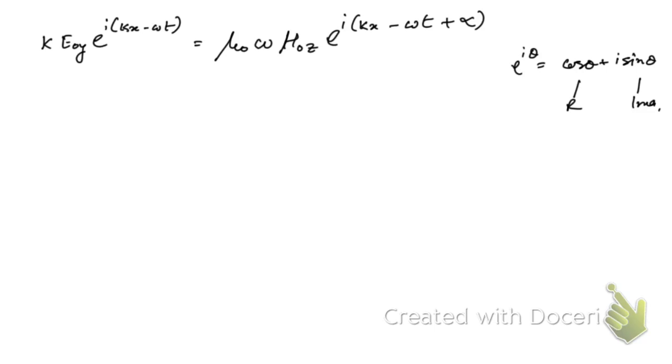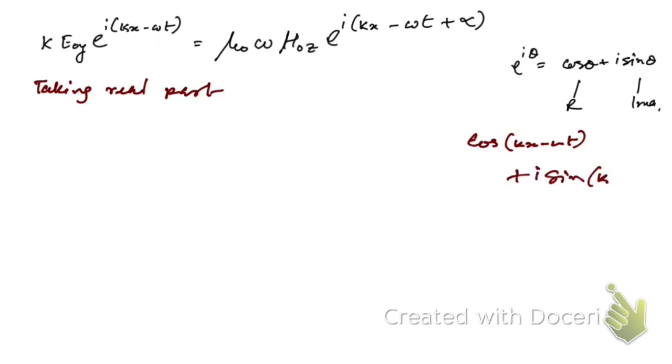Taking the real part only, this part can be written as cos(kx − ωt), since instead of theta we have this, plus i sin(kx − ωt). That's what we can write. Now take the real part only. Hope you have understood this.